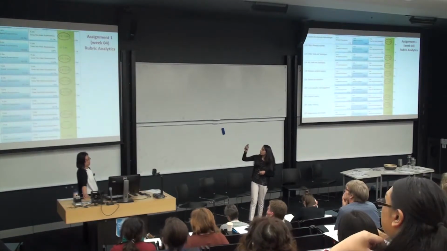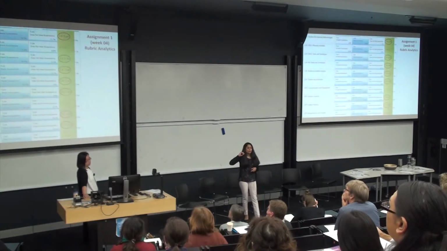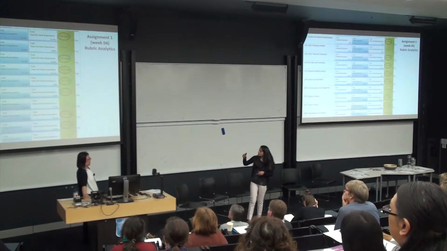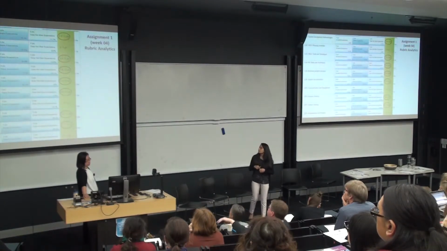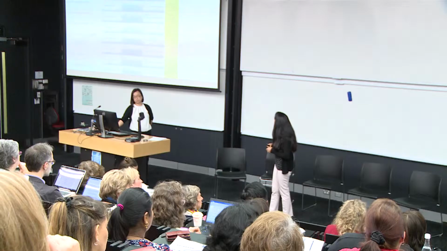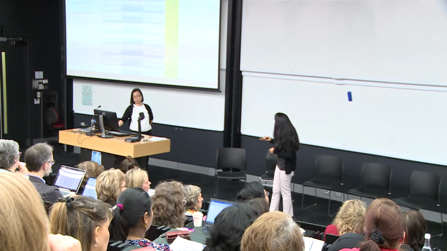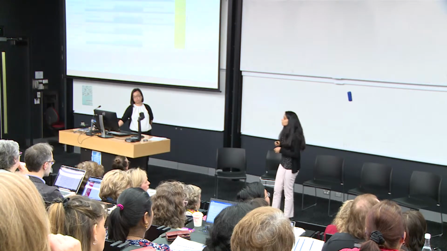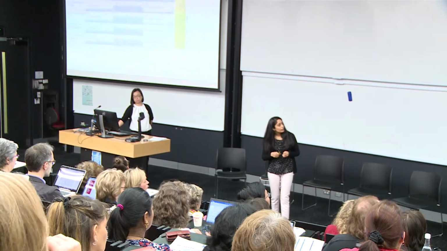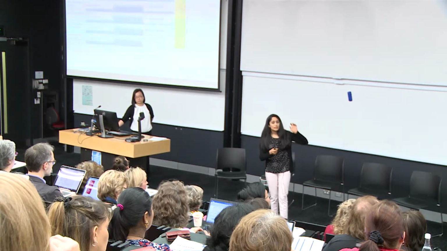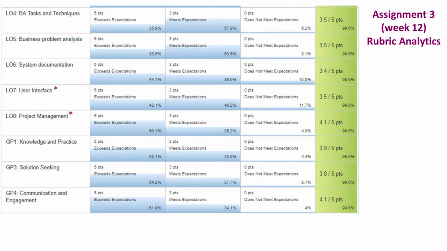We want all the students to meet that learning outcome or meet the expectations of that outcome. You can see our first assignment happens in week 4, and all the items that I've circled are just below the 3 mark. So the students, on average, haven't quite met the expectations in terms of those learning outcomes. But as we move on to the second assignment, which happens in week 7, we see that some of the outcomes are aligned to the second assignment as well.